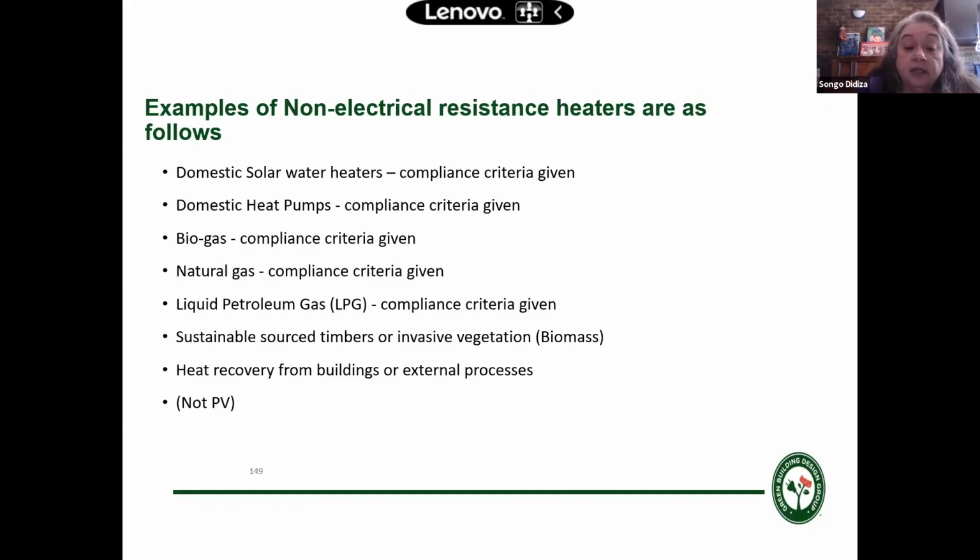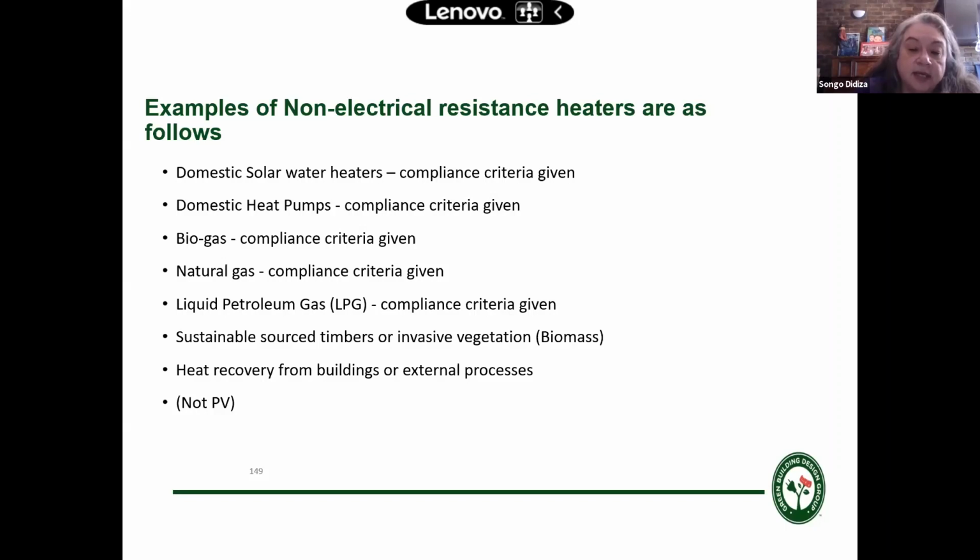An example of heat recovery is a lot of gyms, the Virgin Active gyms, they use the exhaust heat from the air conditioning system to heat up the water.